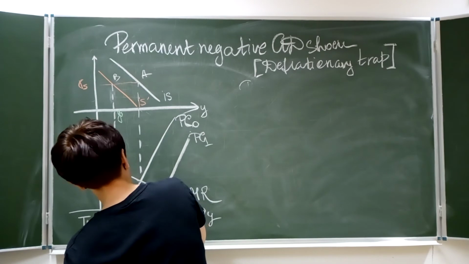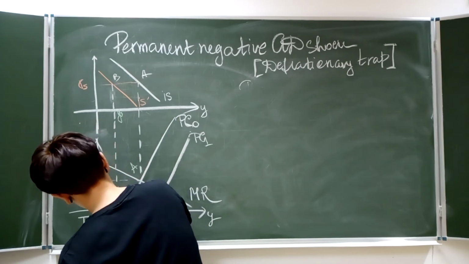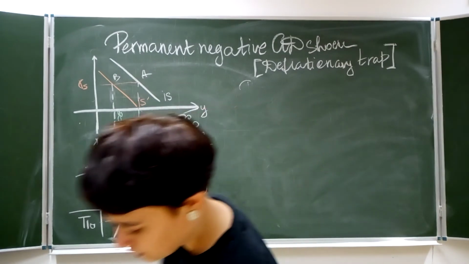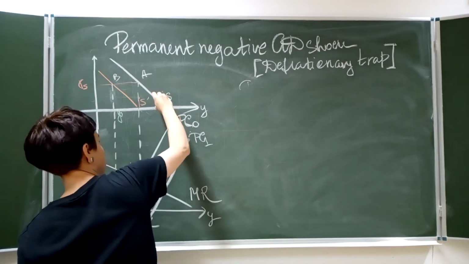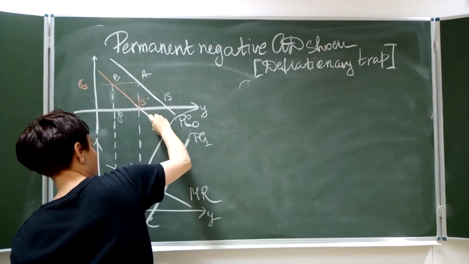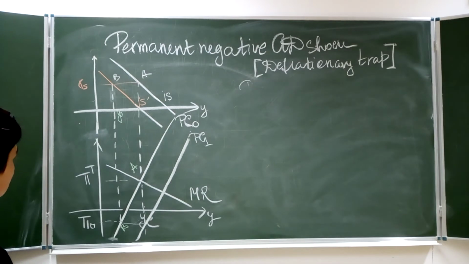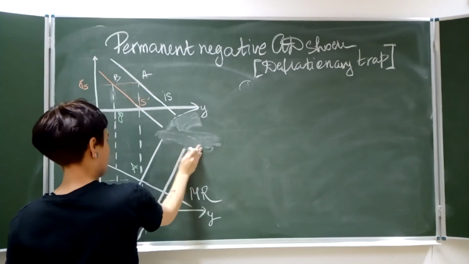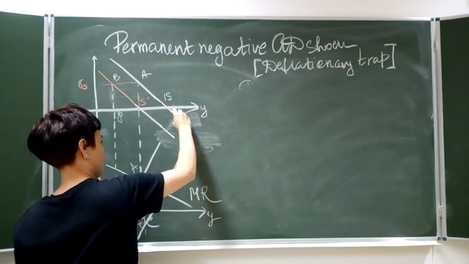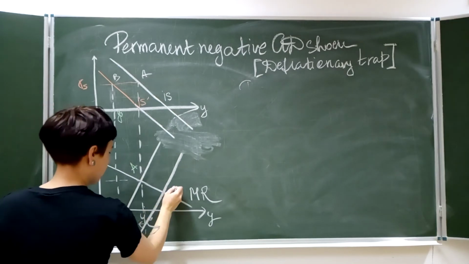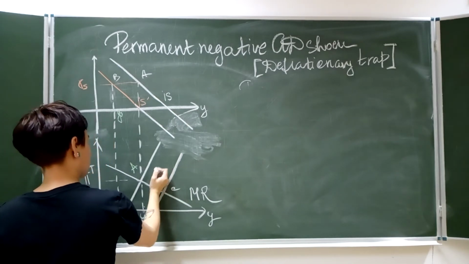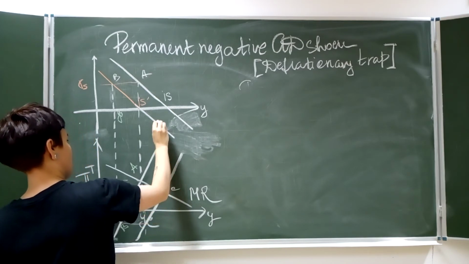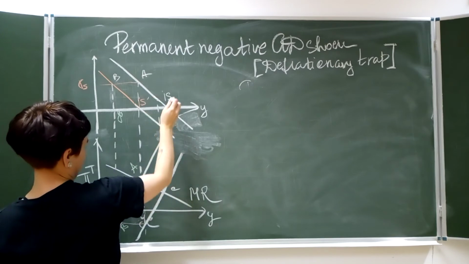So in point A, then we have point B, and finally, hypothetically, we would like to have point C. Okay, I knew it's going to be a disaster. So hypothetically, we would like to have point C here. So the central bank would like to be located at point C in period 1.